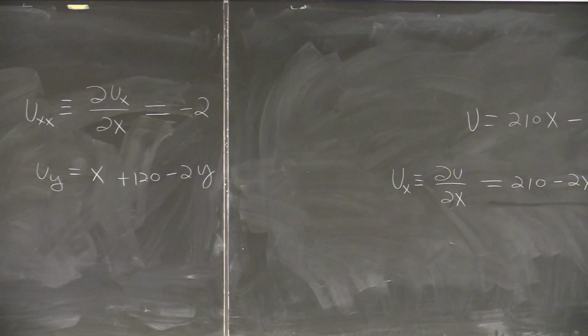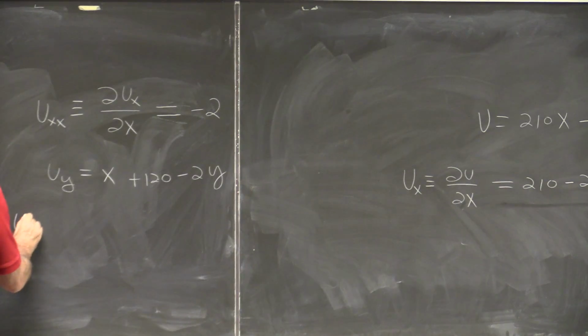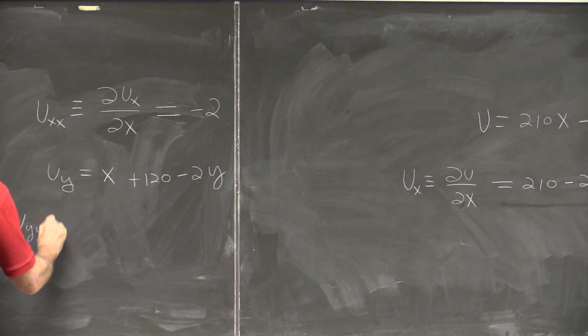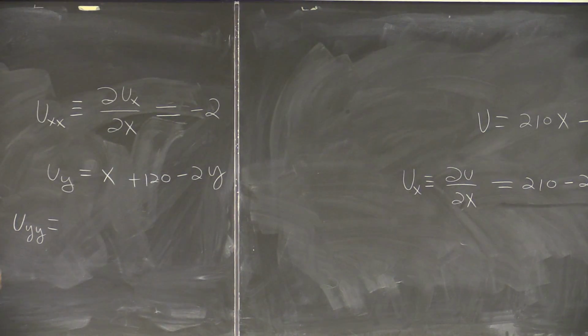And had I asked for u_yy, what would that be? Negative 2. Actually, we need u_y anyway, because I asked what is u_xy.